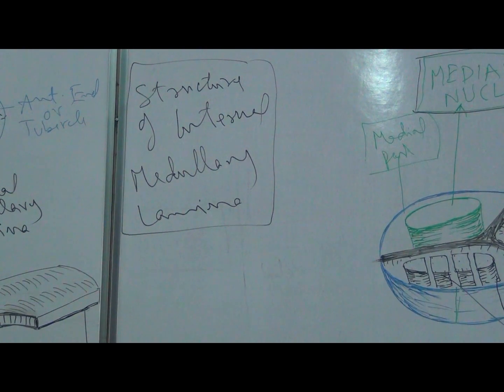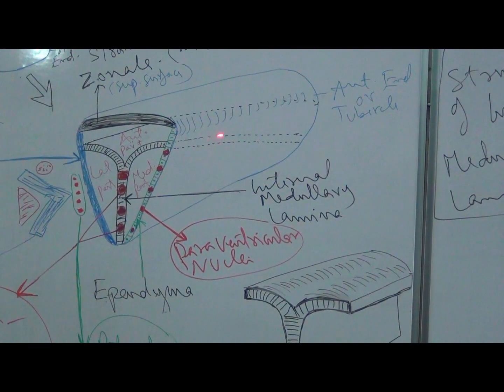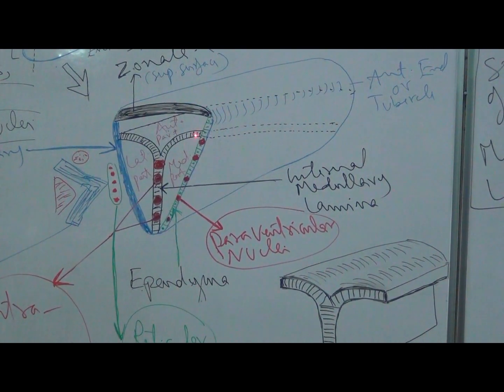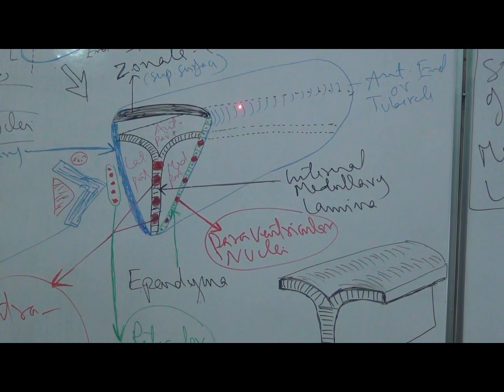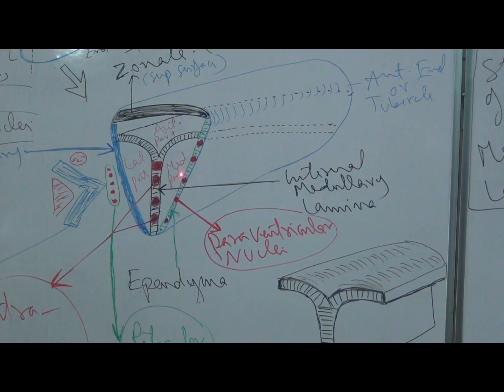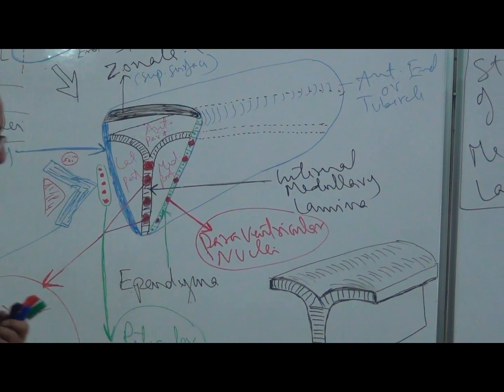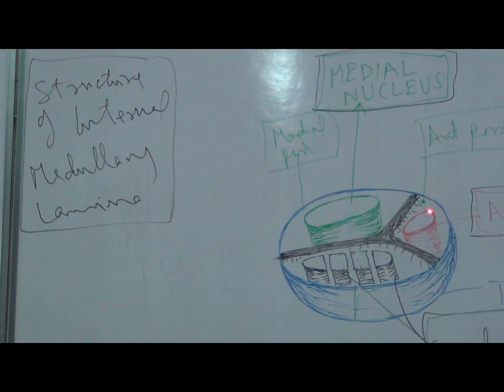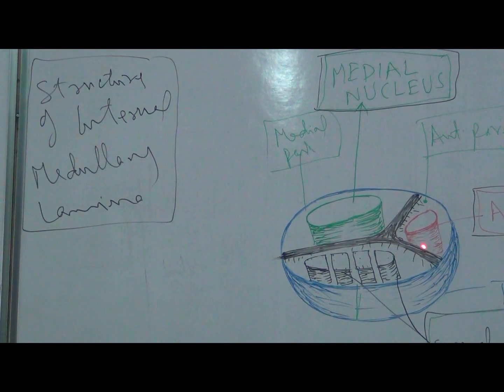As I told you, it is a Y-shaped layer of white matter embedded inside the thalamus, and it divides the gray matter of the thalamus into anterior part, medial part, and lateral part.